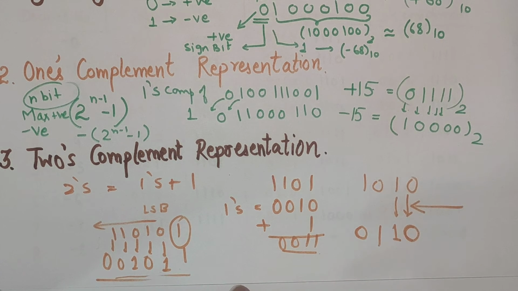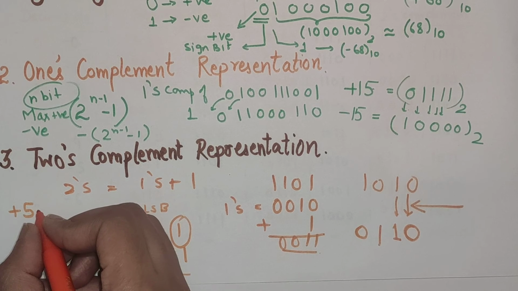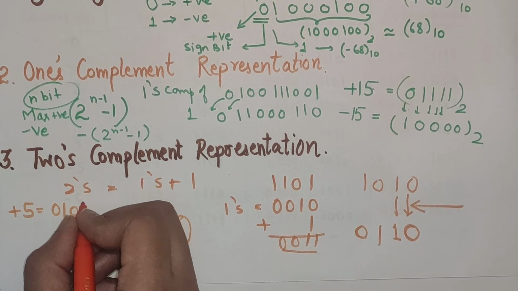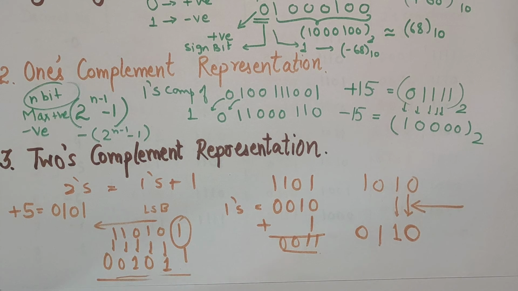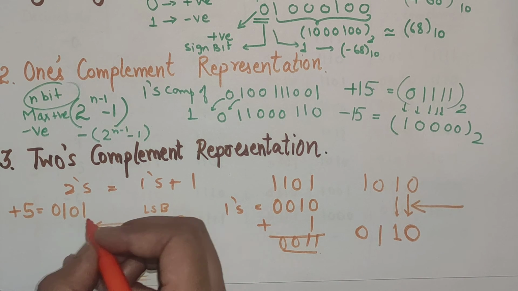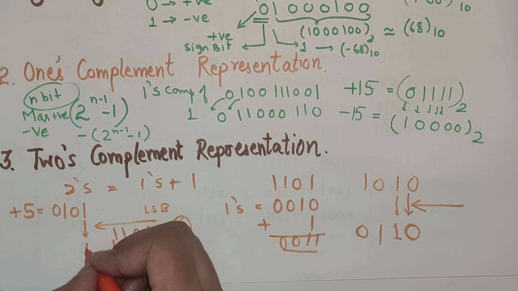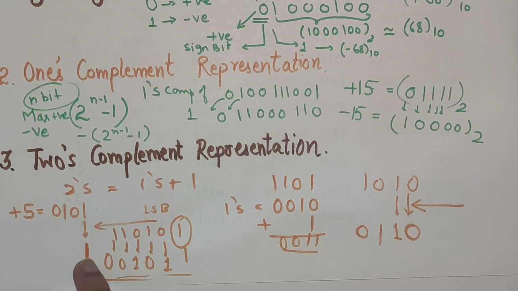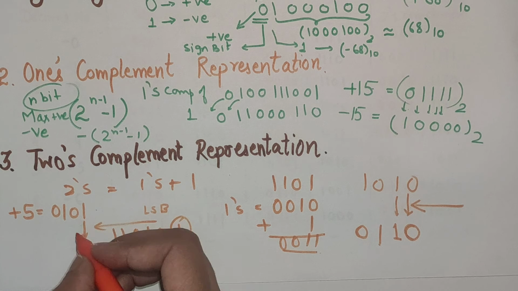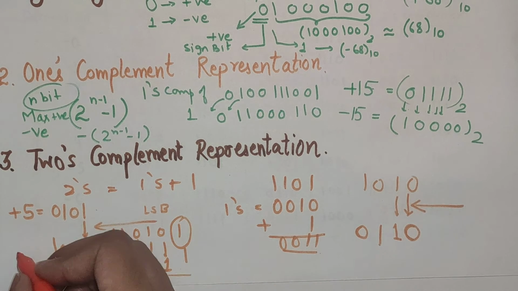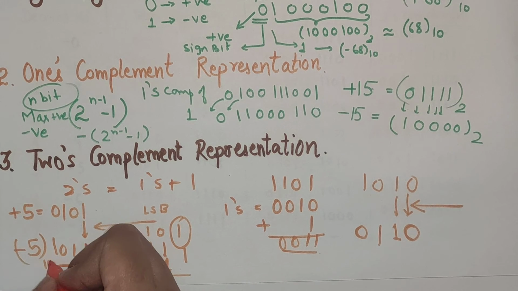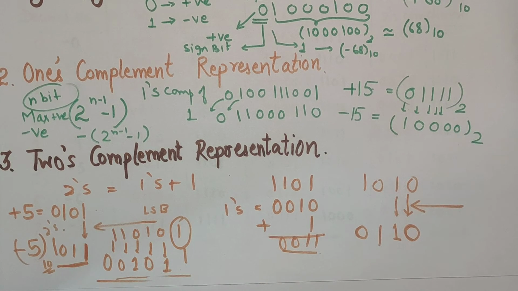Now let us see the representation. Before that, let us represent, say, plus 5. Plus 5 is represented by 0 1 0 1. If we have to represent minus 5 in 2's complement, start from the LSB, keep bits as they are till 1, and do the 1's complement of the rest. So 1 0 1 1 represents minus 5 in 2's complement.